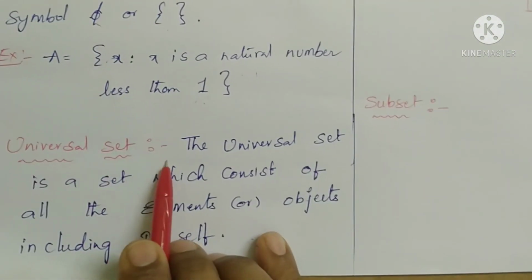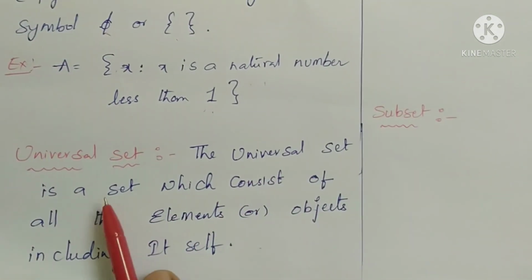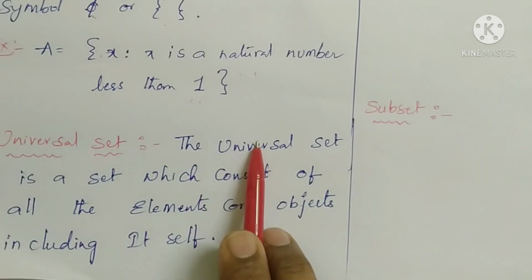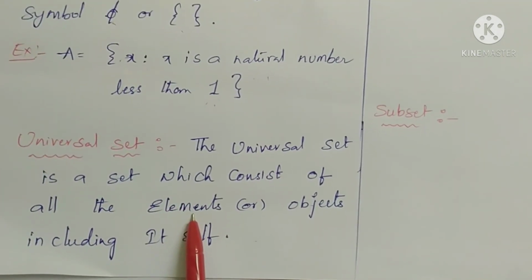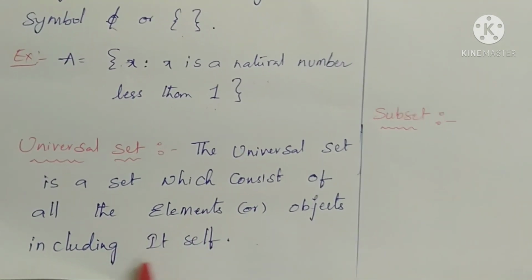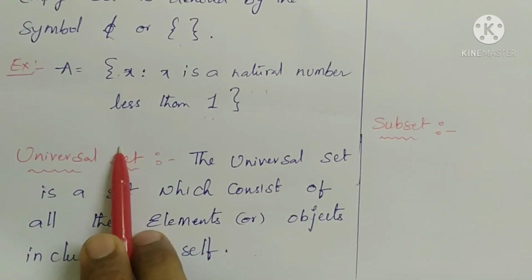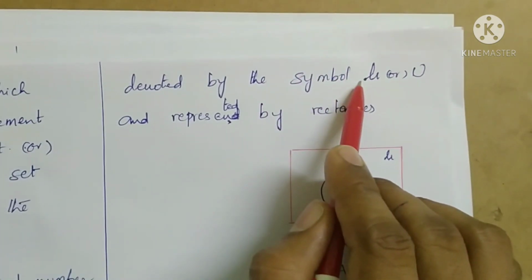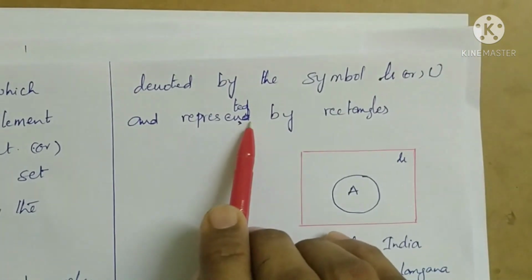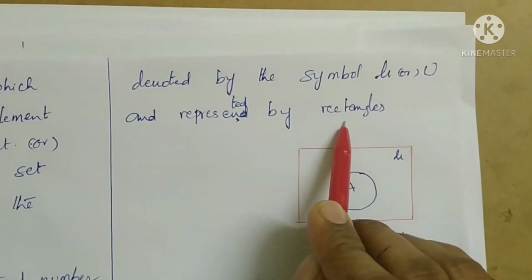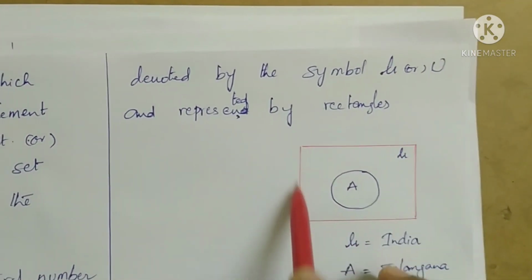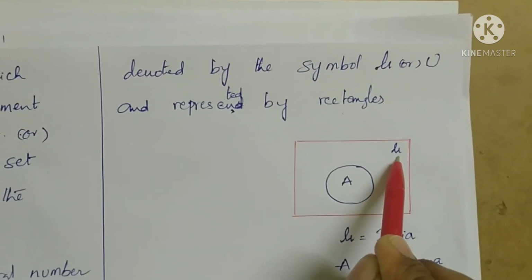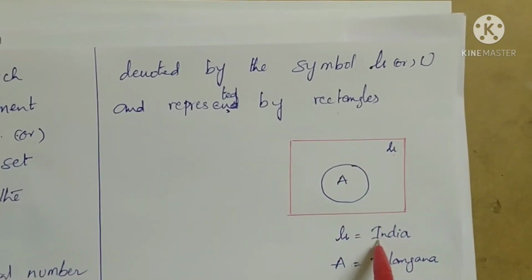Next one, universal set. The universal set is a set which consists of all elements or objects, including itself. It is denoted by the symbol mu or U and represented by rectangles. Here mu is India.